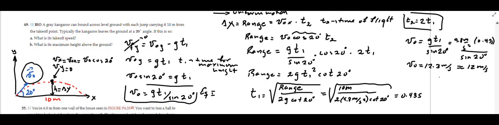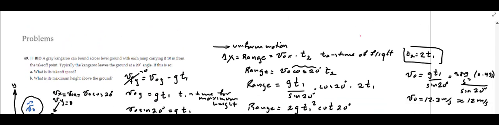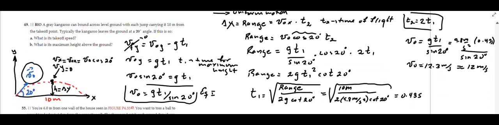In the second part, they ask you to find the maximum height above the ground. To find this maximum height above the ground, we are going to now use another expression.